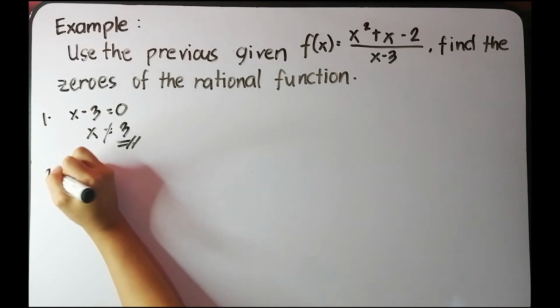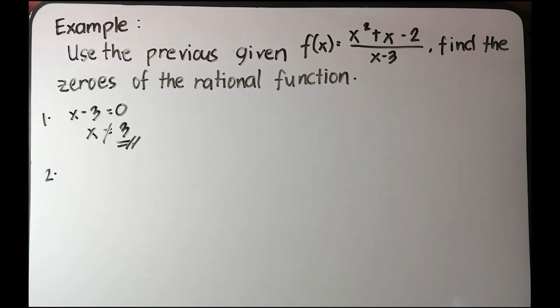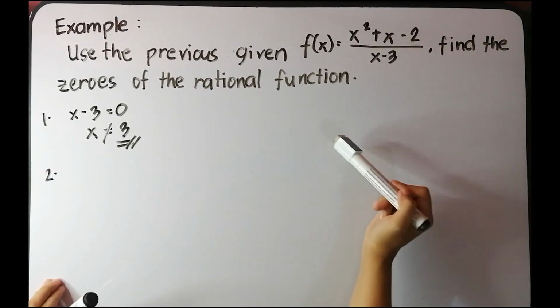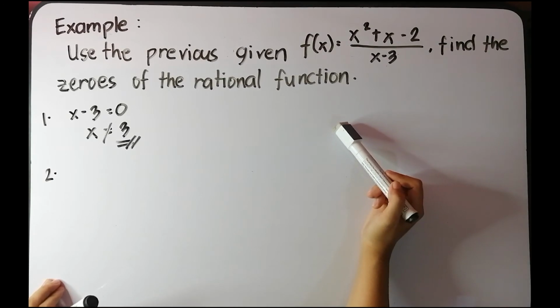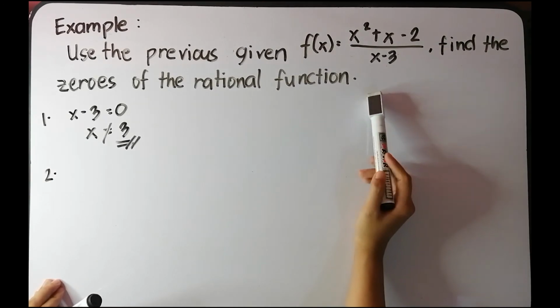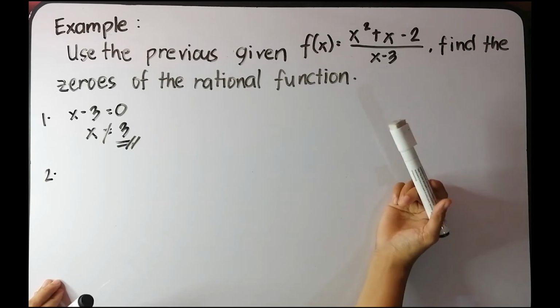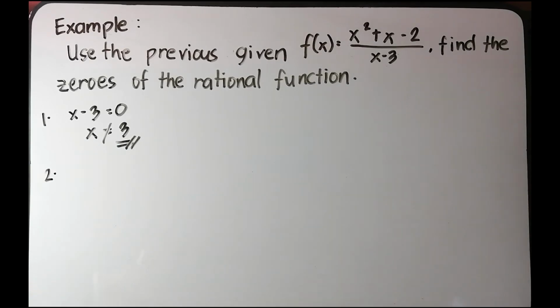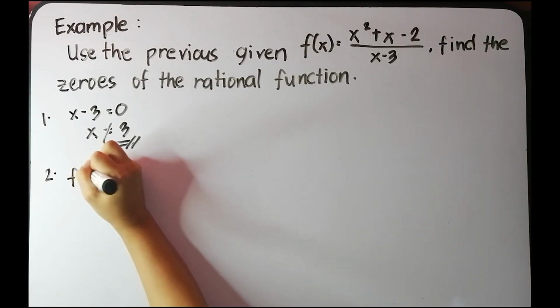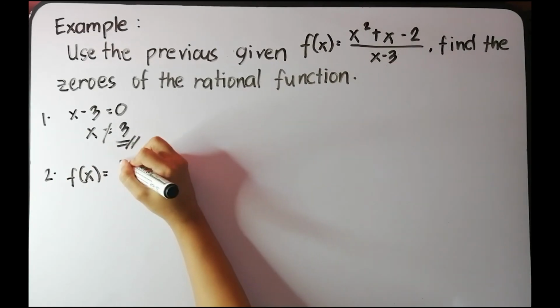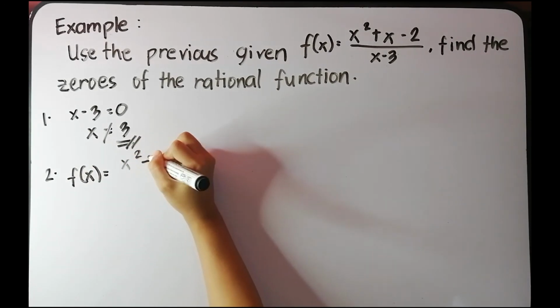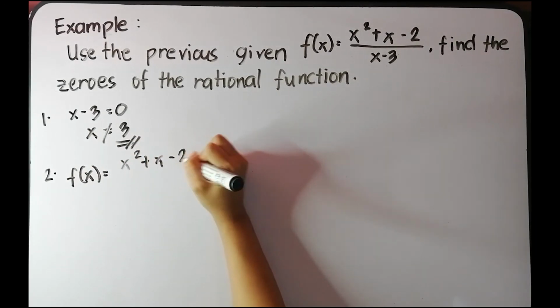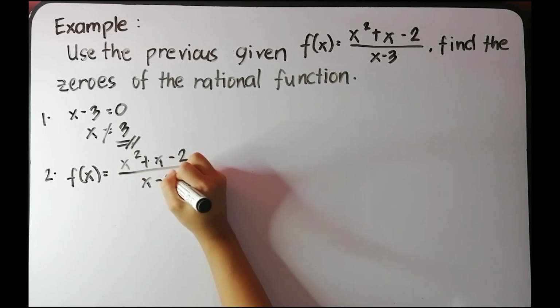Next step, we have to express this rational function in its lowest form. Factor your numerator and denominator, then remove the common factors. In our previous example, we have the same example, so we already know the factors.